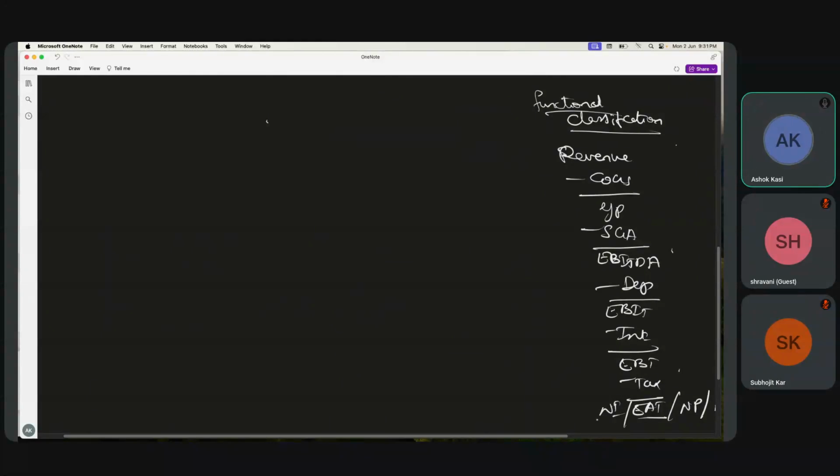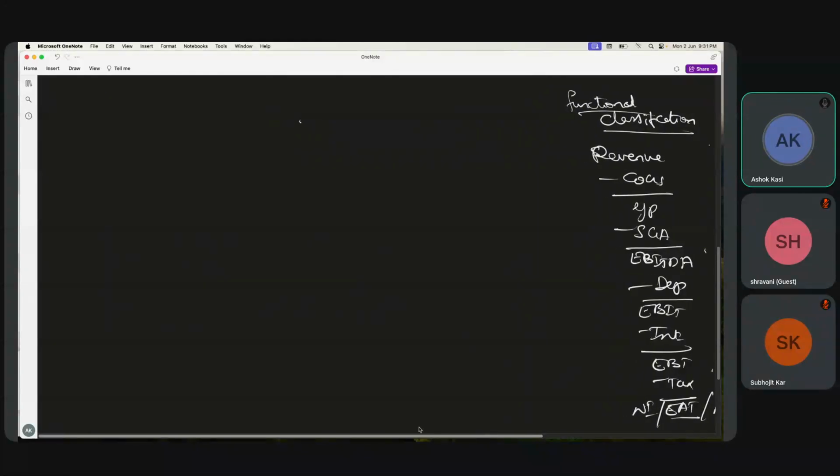Okay, this is functional classification for the income statement. Now there is another one, behavioral classification. Behavioral classification is sales or revenue minus variable cost. Sales minus variable cost will give you contribution, then minus fixed cost.